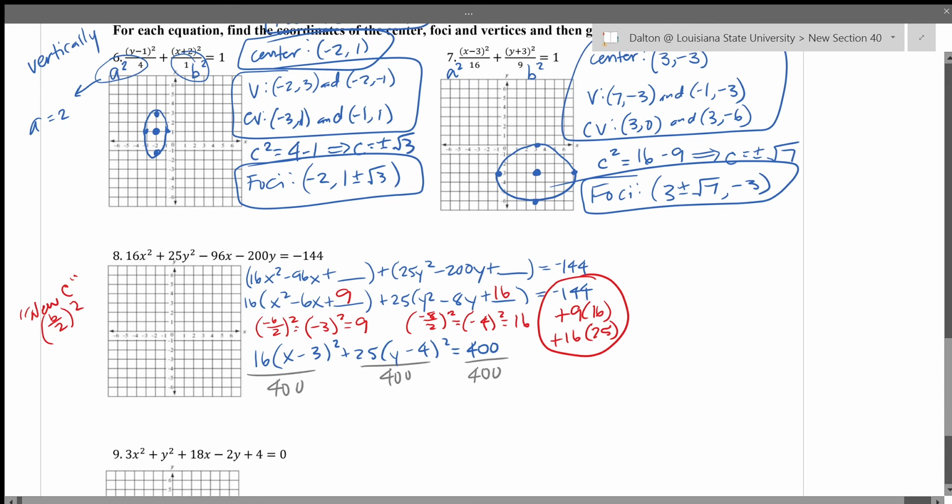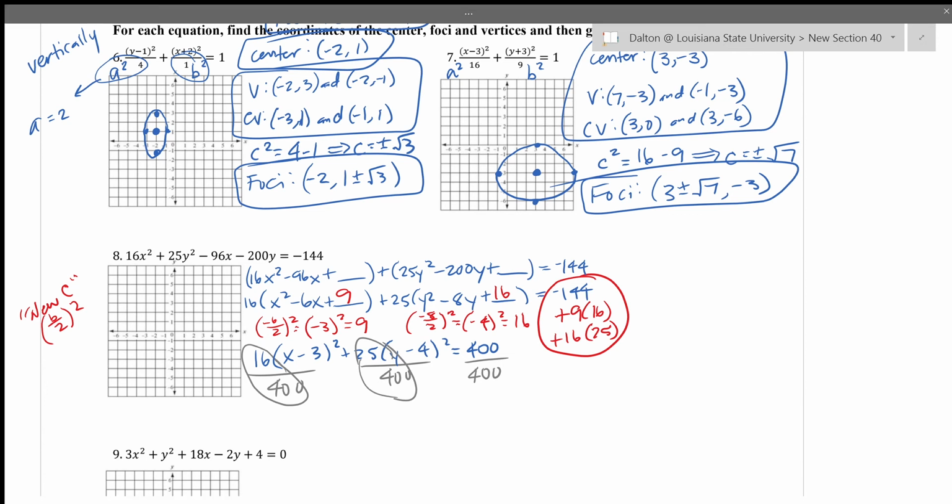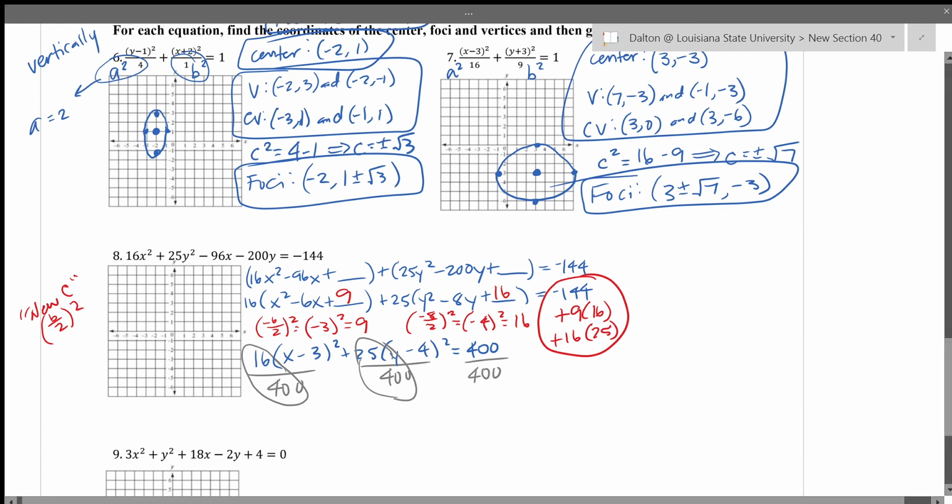In doing so, what's going to happen is you actually need to simplify these fractions out front. 16 over 400 and 25 over 400. And in doing so, you're going to get x minus 3 squared over 25 plus y minus 4 squared over 16 equals, and then 400 divided by 400 is 1.